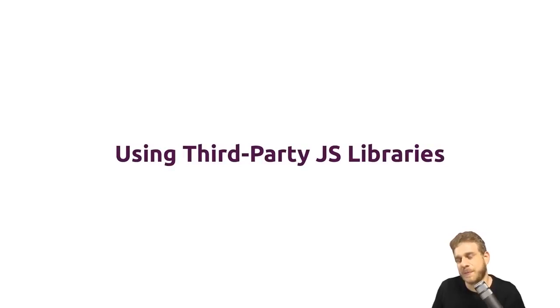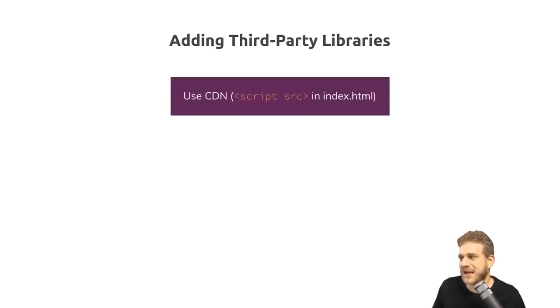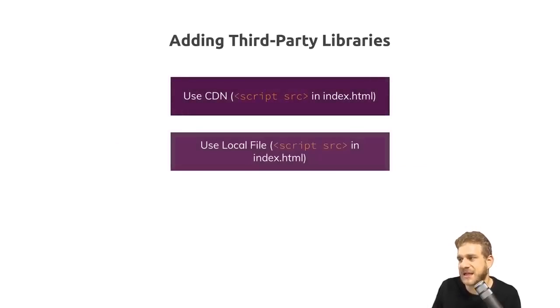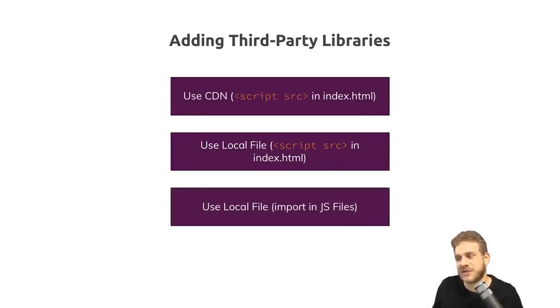What about third-party JavaScript libraries? How can you add these? Essentially, you get the same options. You can add script imports to CDN links or local files in index.html. This is of course all referring to single page applications, but you can also import it like that in multi-page applications, of course. Or you import the local files into your JavaScript files, which of course works in a React app, especially when creating a single page application.